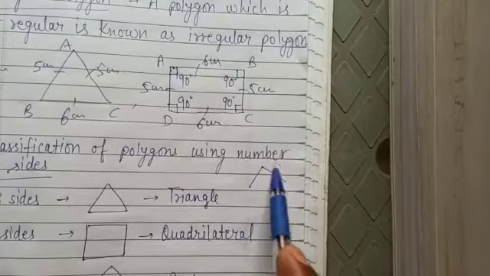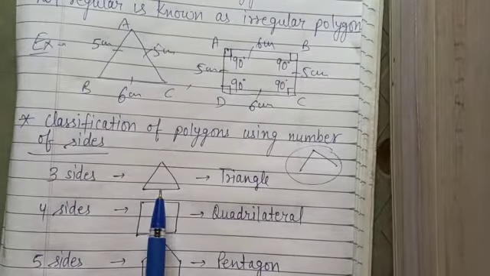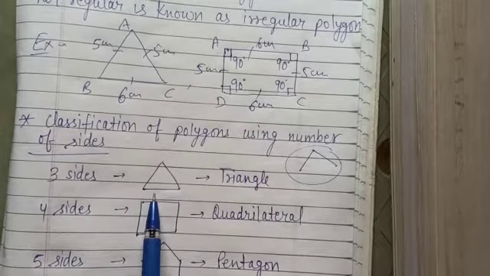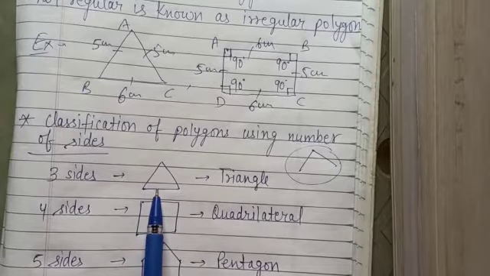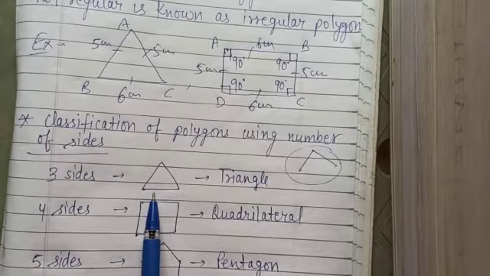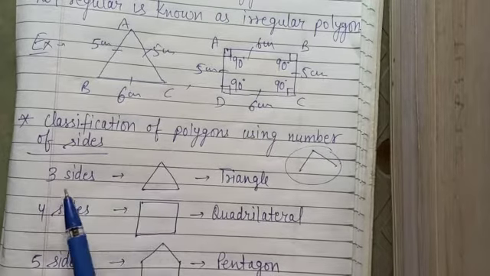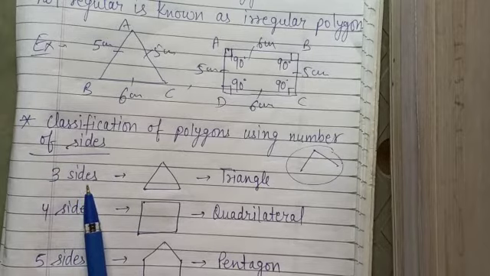So at least we should have 3 sides to form a polygon. This is the least polygon, all other polygons will be greater than this.